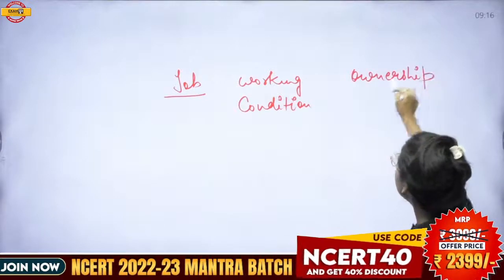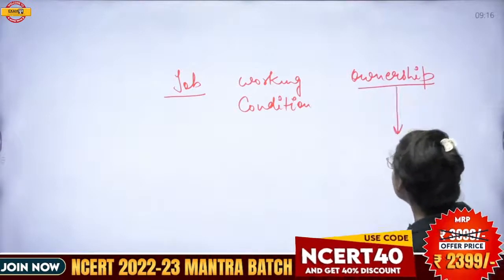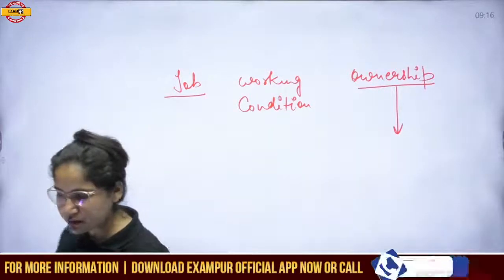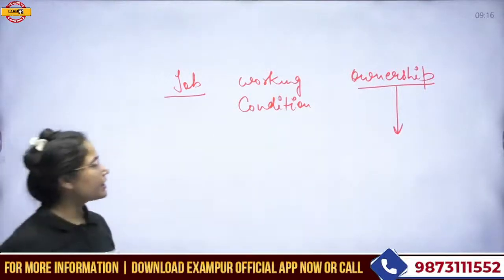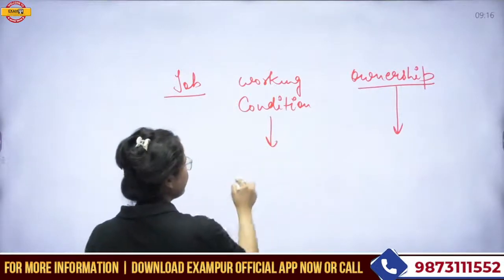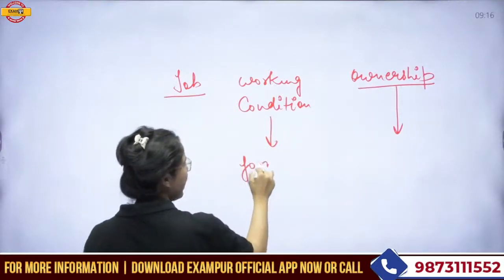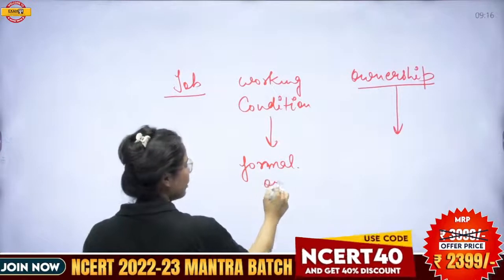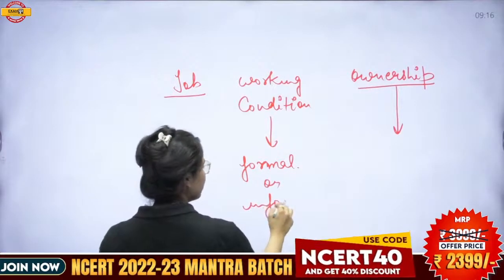These are the three mediums. This has to make certain who is owning the resources, and the working condition, whether it be formal, as we are trying to make our economy formalized, or informal.